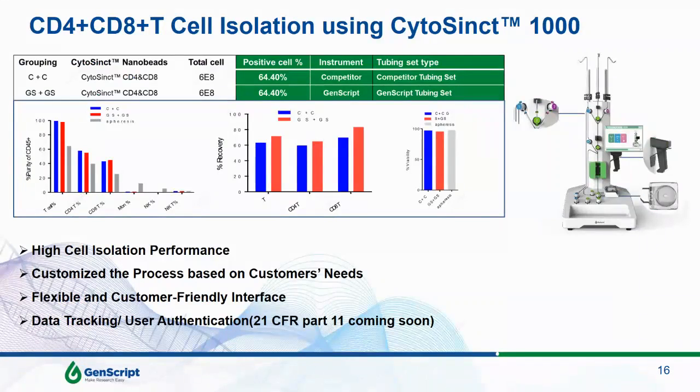Besides, our instrument can provide a customized process based on our customers' needs. For example, if you need higher purity or recovery using the automatic cell isolation instrument, we can work with you to realize this by adjusting the software inside. I don't think our competitor can do that. Their software is very strict and rigid. All in all, our credo is: what you need is what we pursue.